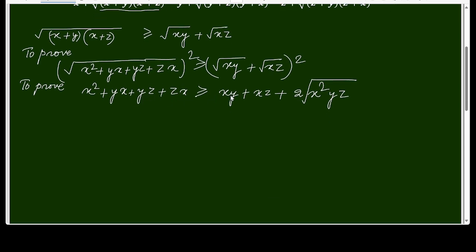Now xy is there, xz is there. Or to prove, x square plus yz is greater than or equal to 2x square root of yz.